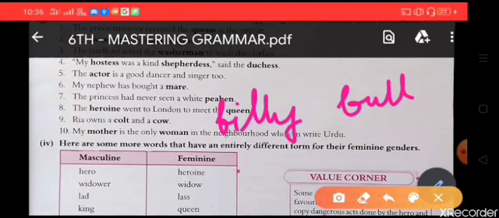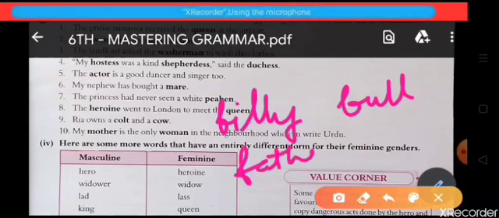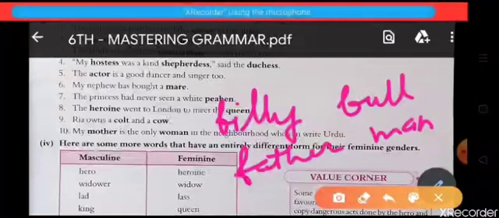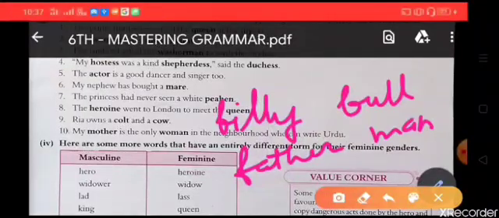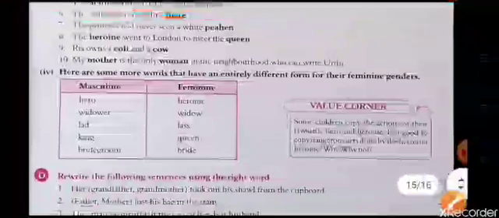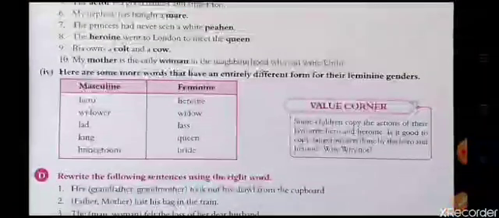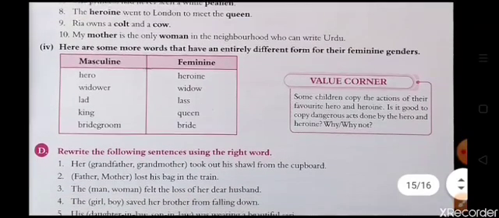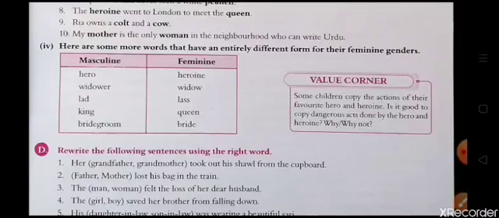My father is the only man in the neighborhood who can write Urdu. Here are some more words that have an entirely different form from their feminine genders: hero, heroine; widower, widow; lad, lass; king, queen; bridegroom, bride.